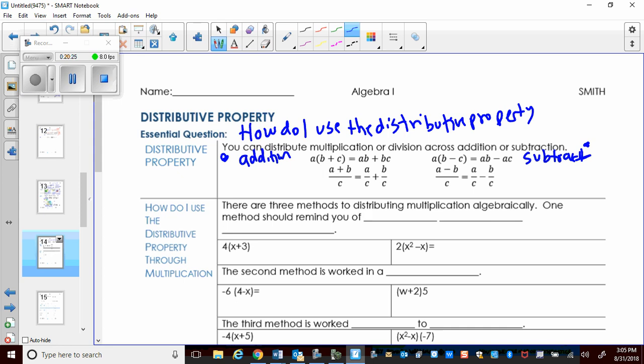Now, if you look at the bottom two, the distributive property, this is new for Algebra 1. The distributive property can be used in division across addition. And we're doing something called the butterfly technique here.